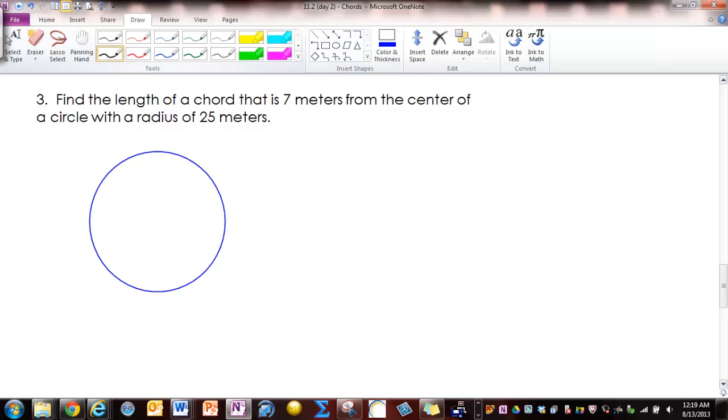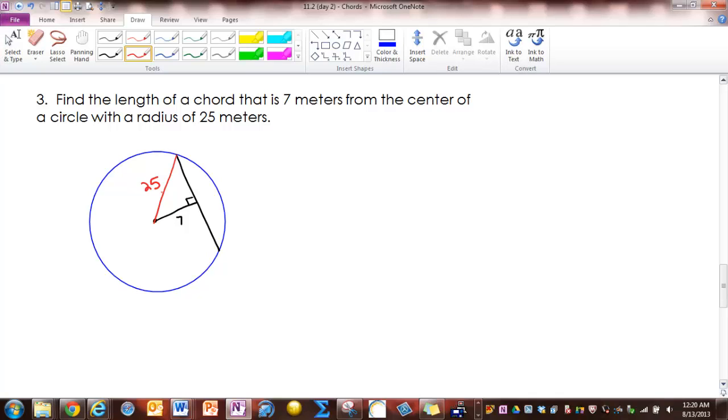So here is a chord, here is our center, and it says my chord is 7 meters from the center of the circle. And it also tells me my radius is 25.